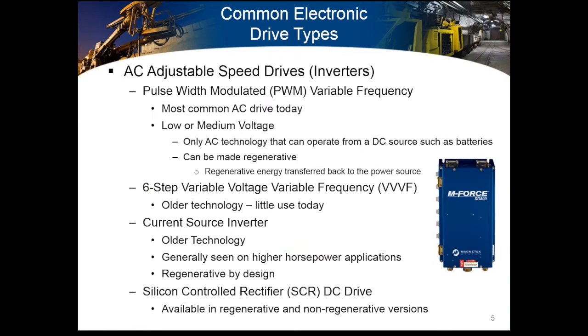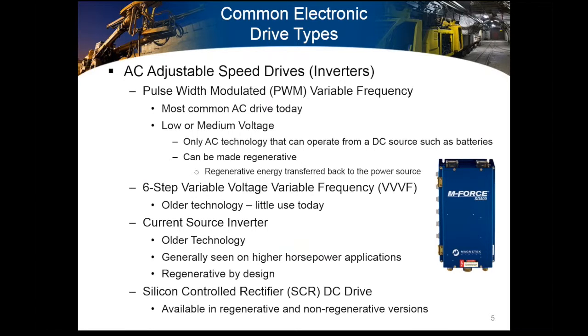If we take a look at common types of drives themselves, the most common one we'll see is going to be adjustable frequency drives, pulse width modulated, or PWM, variable speed. It is seen throughout industry today in both low and medium voltage capabilities, and by low voltage we typically talk 480 volts, and medium 2300 or 4160. A little bit more on that further in the review today.